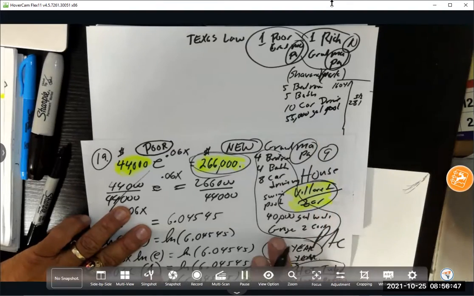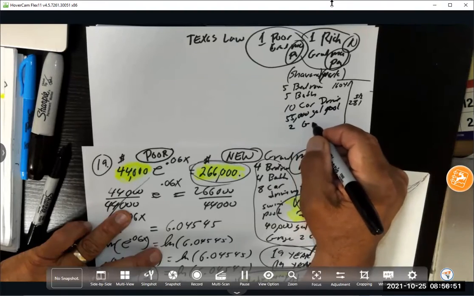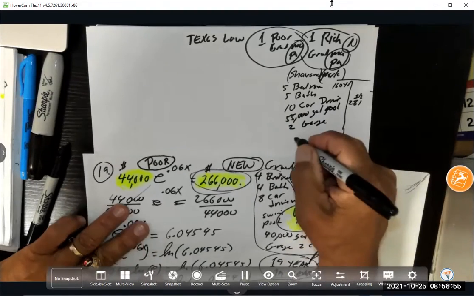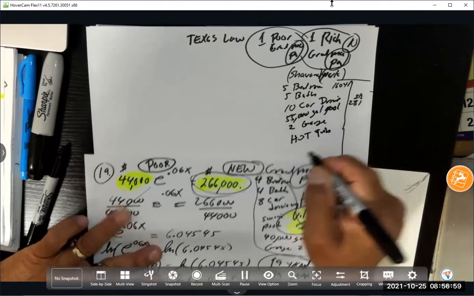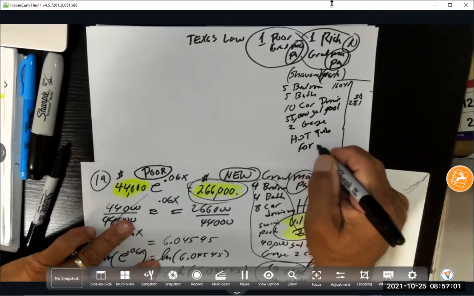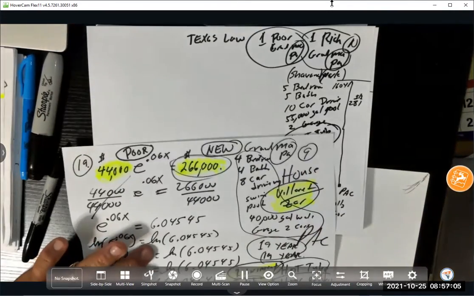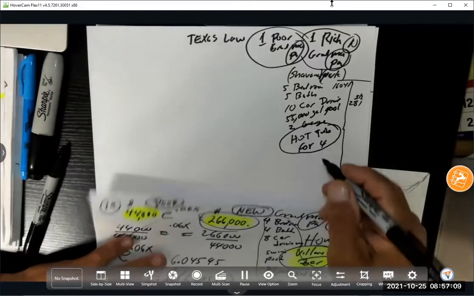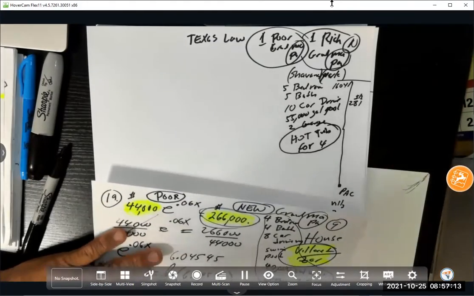A 2-car garage? Nah, that's fine. You don't need a big garage. And the hot tub, of course. A hot tub for 4 people. Does that make sense? So what else did you want? No, that's it. That's enough.